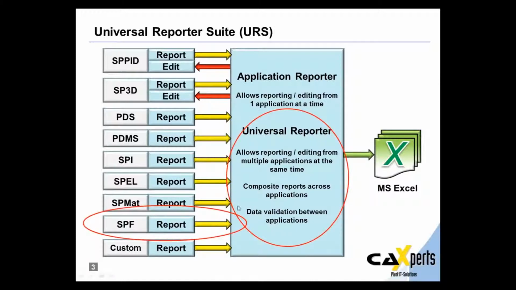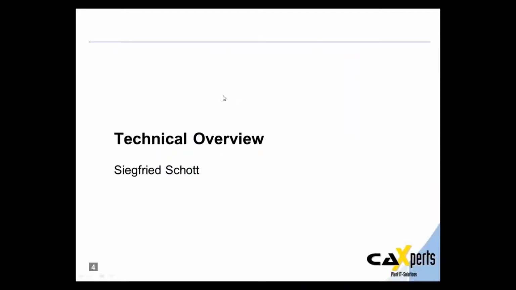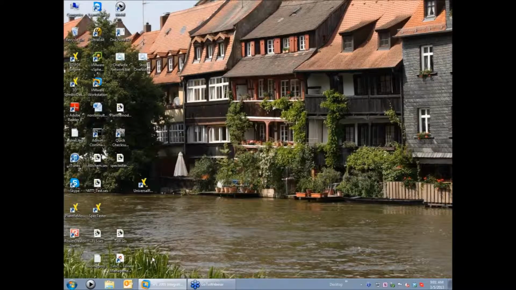This is what we're concentrating on today, so we'll be showing you the Universal Reporter with the SmartPlant Foundation ReportAdapter. The reports themselves come out in Excel format, and Ziggy will explain more as we go through. So without too much more, I'm going to hand over to Siegfried so that he can take you through the rest of it.